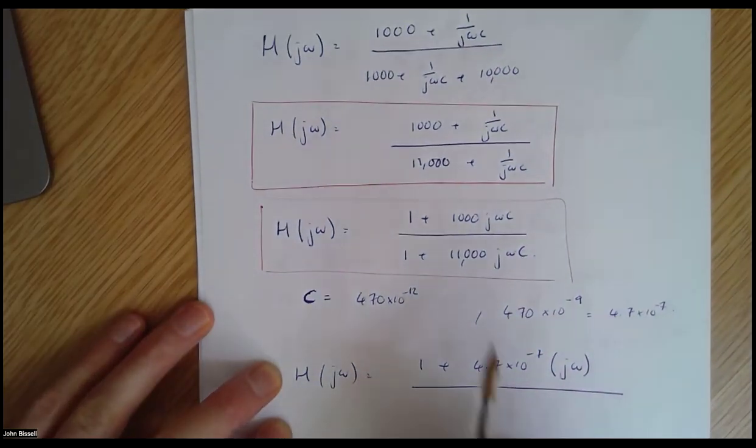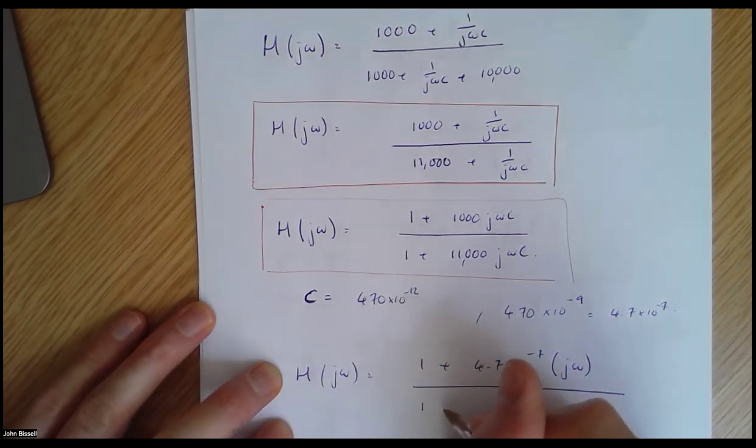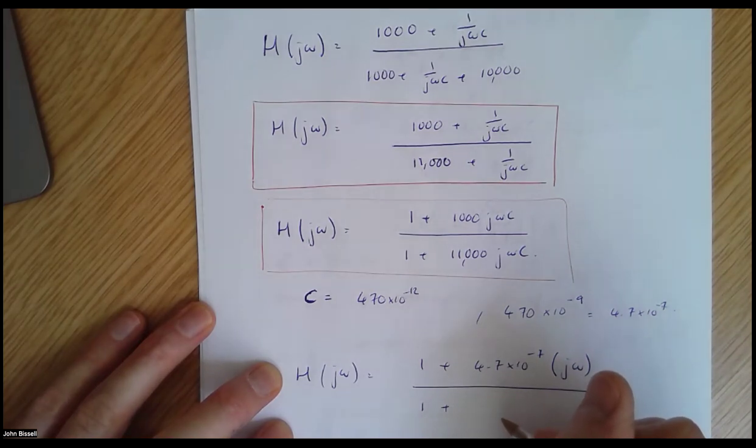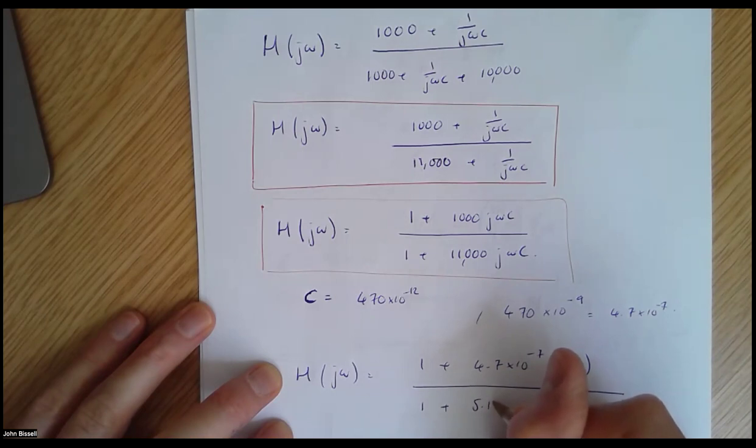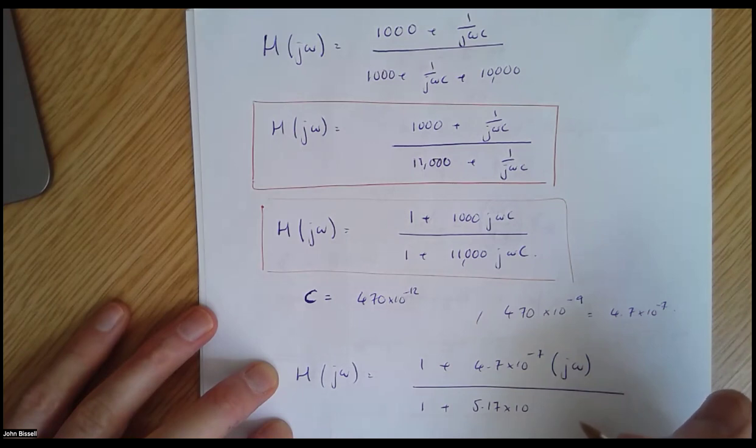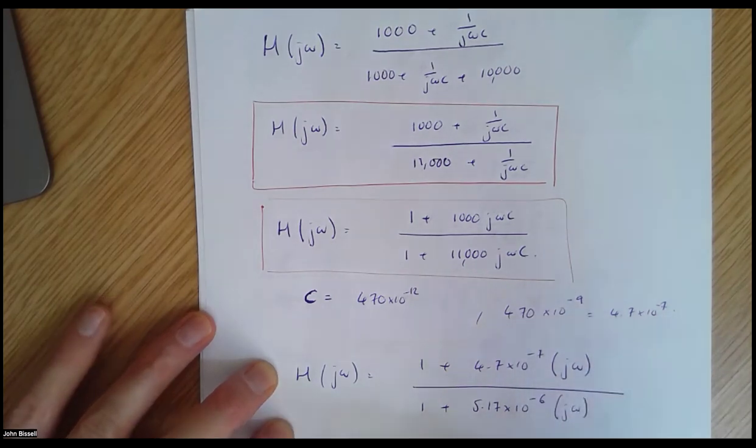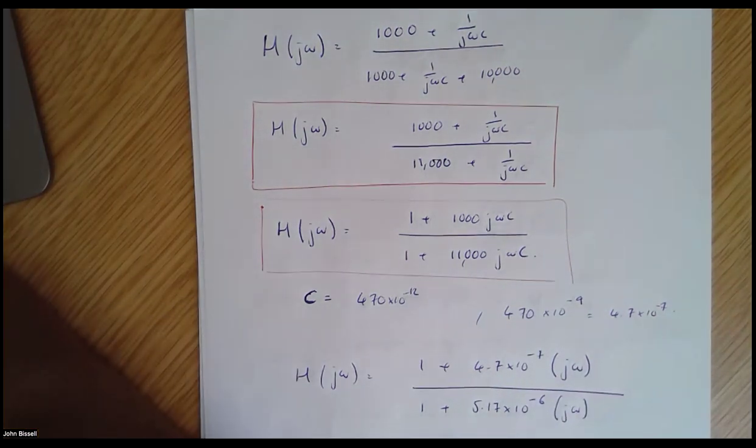And on the bottom, we've got 11,000 times C, which is going to be 1 plus 5.17 times 10 to the minus 6 j omega. Is that right?